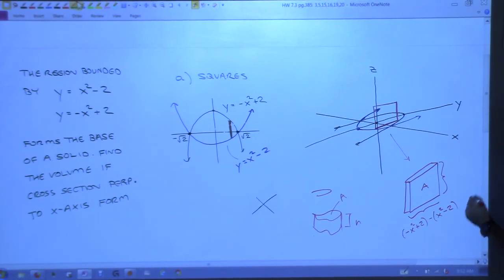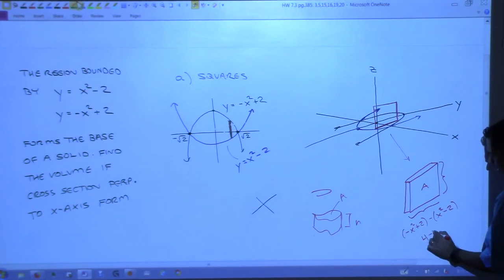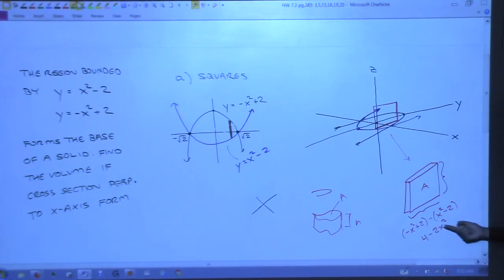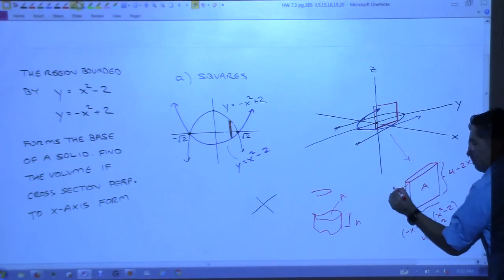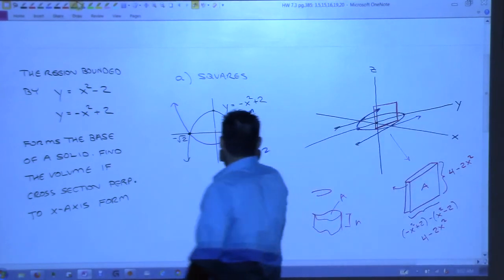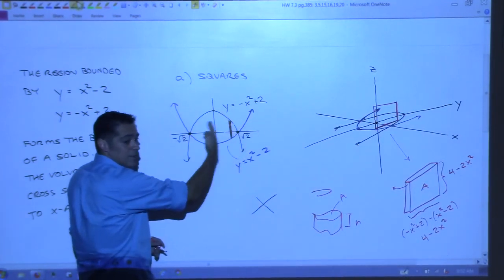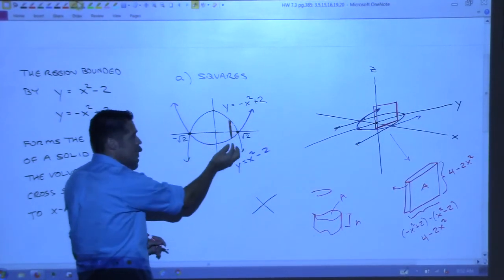So let's simplify this now. This is 4 minus 2x squared. So if I distribute and clean up, I get 4 minus 2x squared here. And then finally, how thick is the slab? That's going to be the thickness of this, and I'm going to be doing these cuts left to right, a bunch of them, infinitely many, so that's going to be dx.